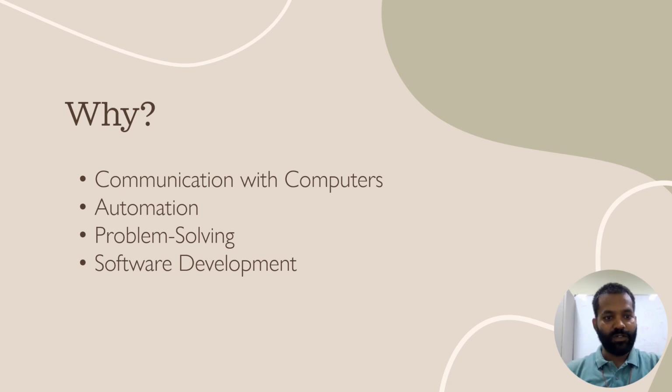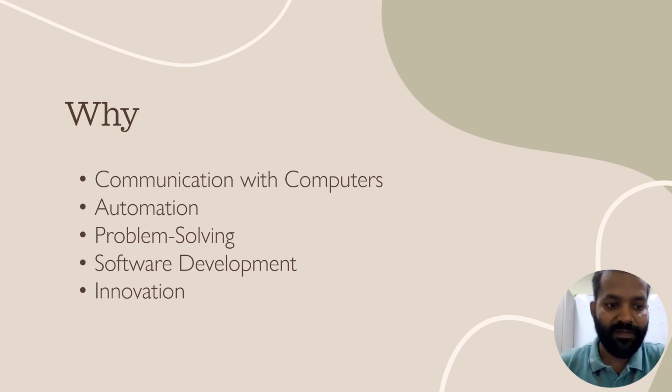So I'm not going to explain this point. And innovation: while using the programming language, we can explore or develop new things which help during exploration and innovation. This is the most important reason, and how we can do that we'll understand as the lecture moves forward.